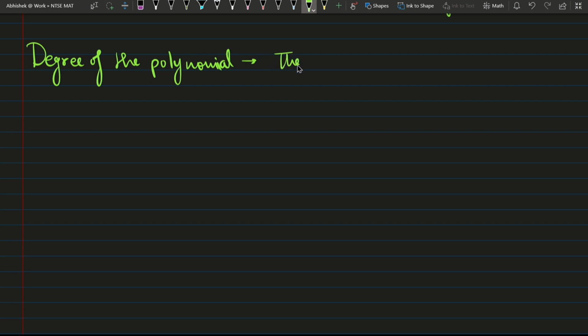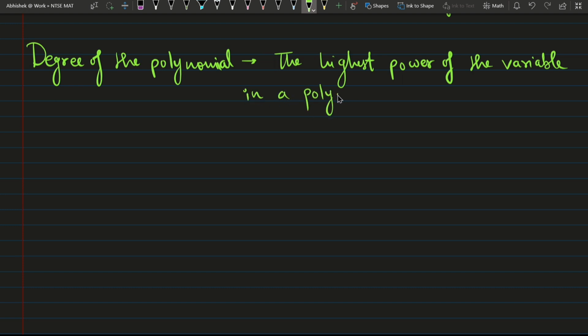The highest power of the variable in a polynomial is called the degree of that polynomial.